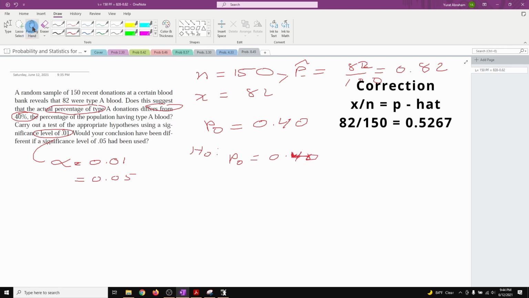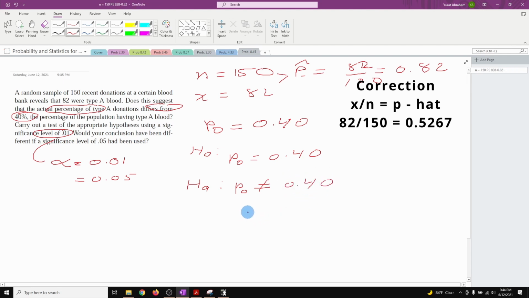That means that my HA, my alternative hypothesis, is that P naught is not equal to 0.40.